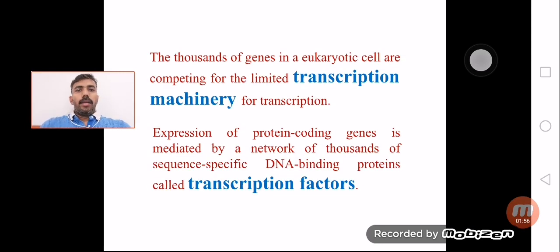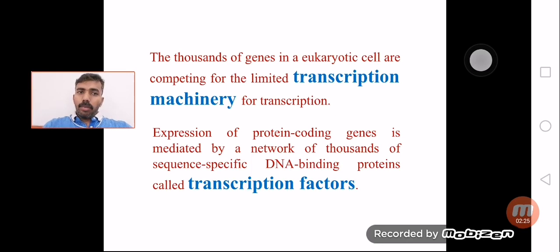We know that RNA polymerase is the enzyme responsible for the synthesis of RNA, the transcription reaction. And there are thousands of genes in eukaryotes, unlike bacterial systems. When we take the example of a human cell, approximately 20 to 25,000 different genes are there. Even though these 25,000 genes represent only 1.5 to 2%, that's another story.